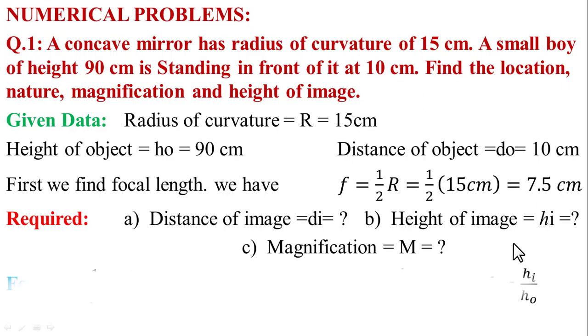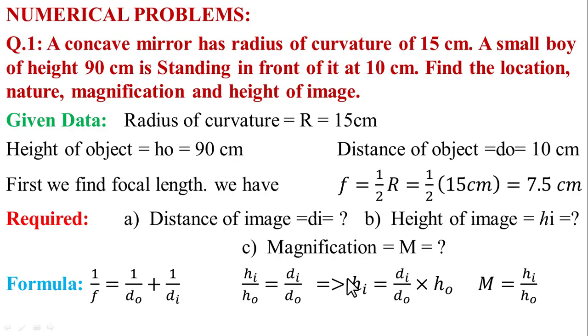So write the formula. We use the formula 1 upon f is equal to 1 upon d naught plus 1 upon di. Putting the value of focal length and d naught, we find di. And also for height of image, we find it using the formula hi over h naught is equal to di over d naught.